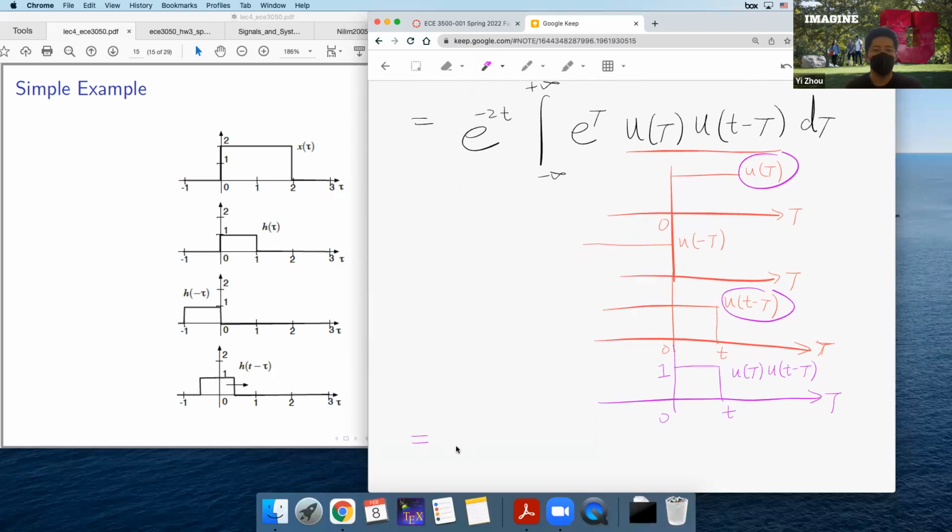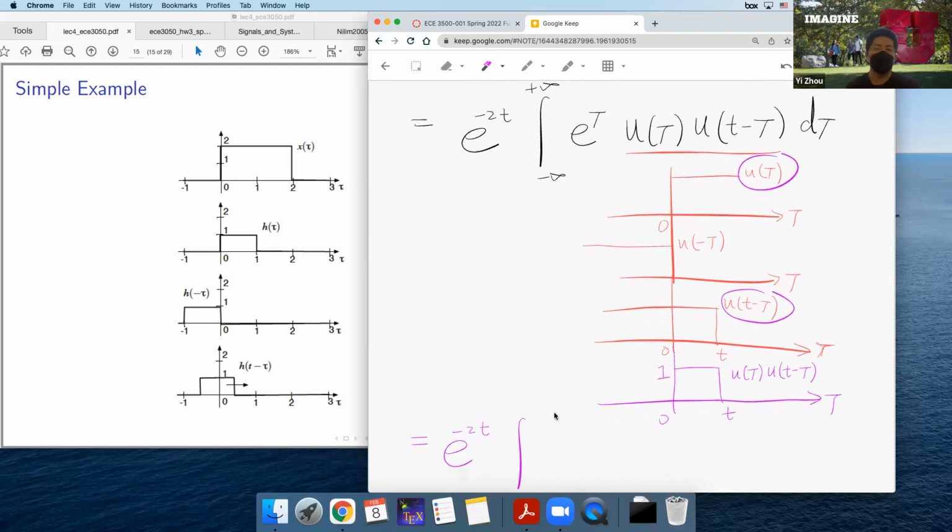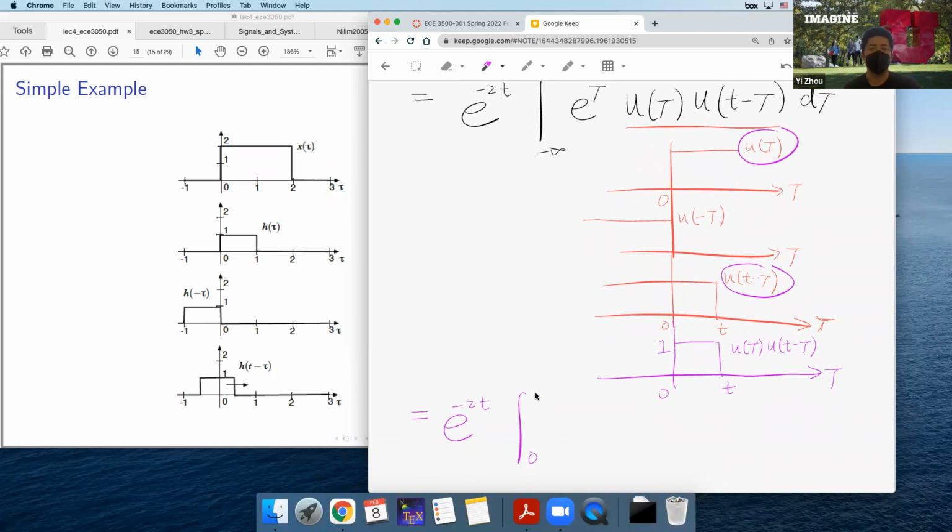Therefore, with this observation, we can absorb this product of unit step functions into the integration by restricting the range between 0 and t. So it's e tau, e tau.